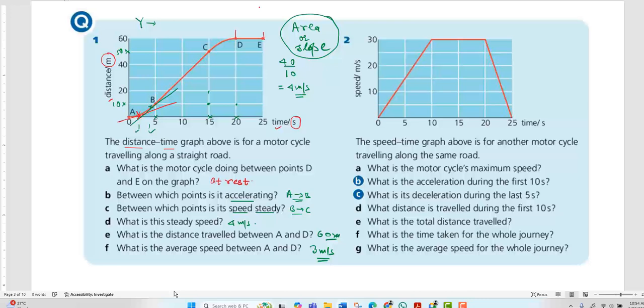One unit along y is equal to 10 meters, and the unit along x is 5 seconds. Clear? If you initially analyze why one y unit is 10, then your answer would not be wrong.